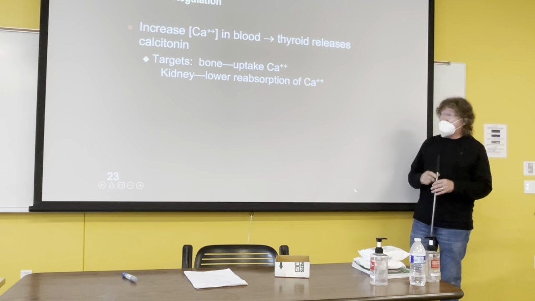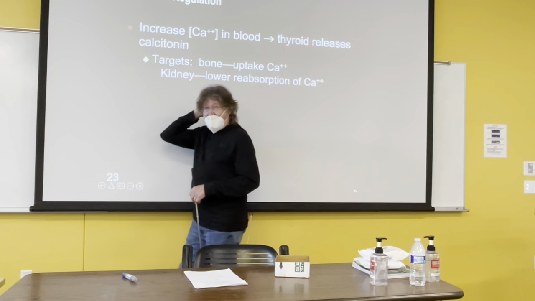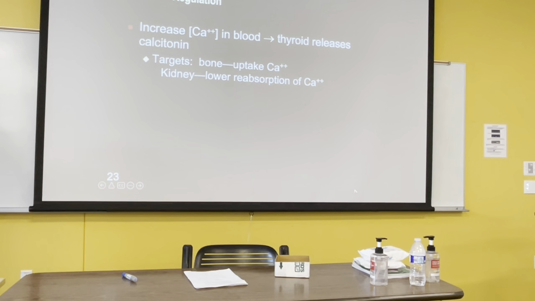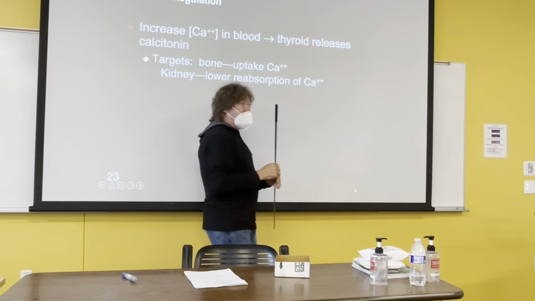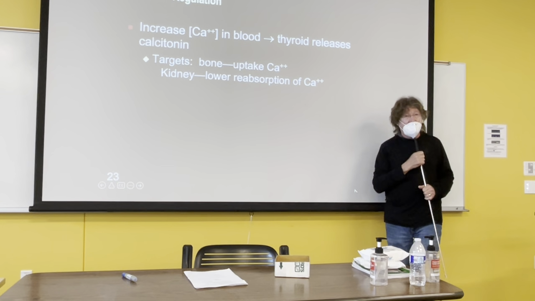The targets of calcitonin are bone, but let's get more specific. Osteoblast, particularly. Because what do osteoblasts do? They build bone, right? And so this leads the osteoblast to take up the calcium, convert it into calcium carbonate, calcium phosphate, and deposit it in bone.